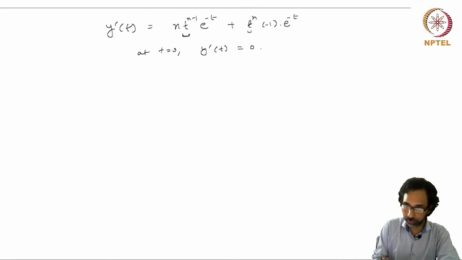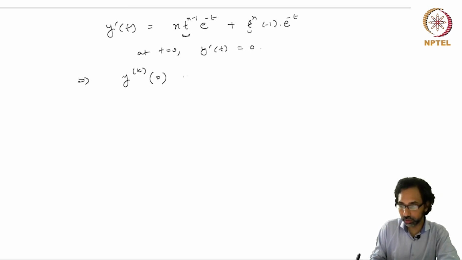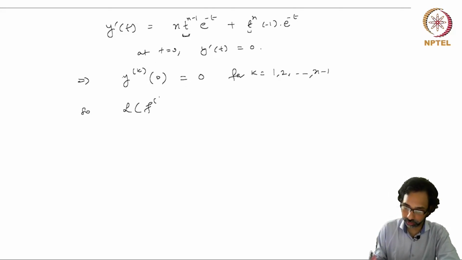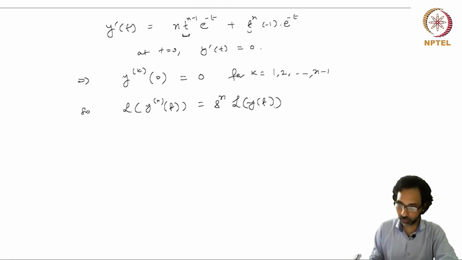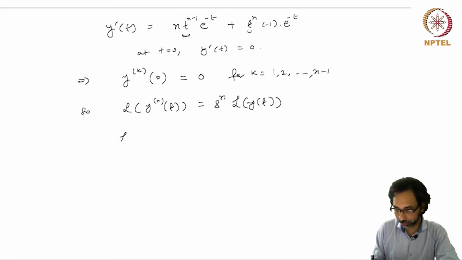This implies that y^(k)(0) is 0 for k equal to 1, 2 up to n minus 1, and so the Laplace transform of the nth derivative of y(t) is simply s^n times the Laplace transform of y. Now we can directly compute the Laplace transform of y.